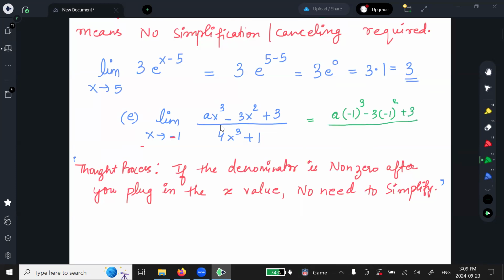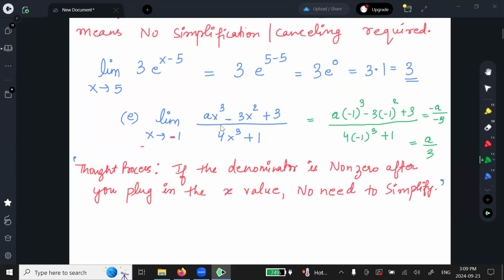Everybody should be good with this. Simplify, what do you get? Negative a plus something over -3. Can you simplify more? You can just cancel the negatives, right?